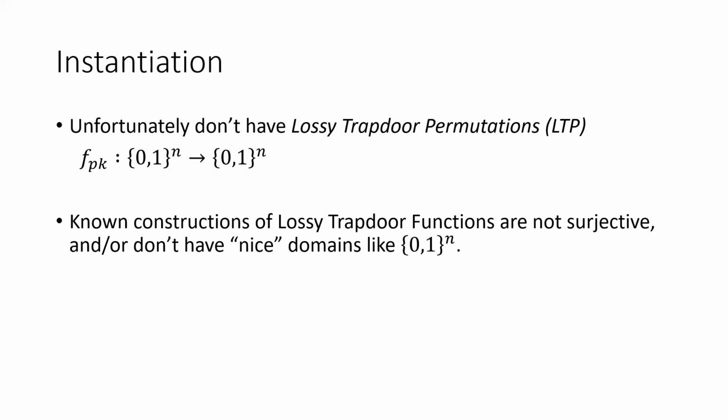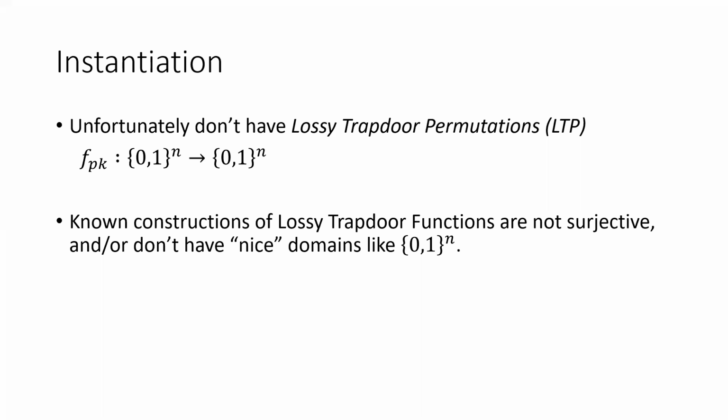And that's really bad. In the construction we had, it's important that we take random values in the CRS and are able to invert them for correctness. Whereas for most lossy trapdoor functions, if I take a random value in the range, it's unlikely to have a pre-image, because it's not surjective, it doesn't have anything mapping to it. So we cannot rely on most of the lossy trapdoor functions in the literature.